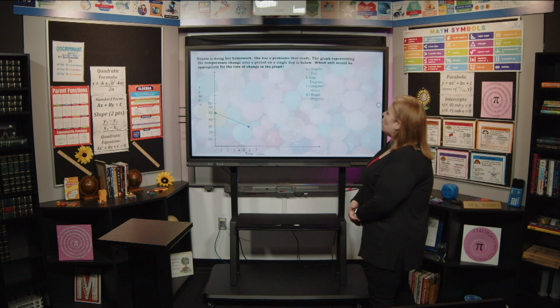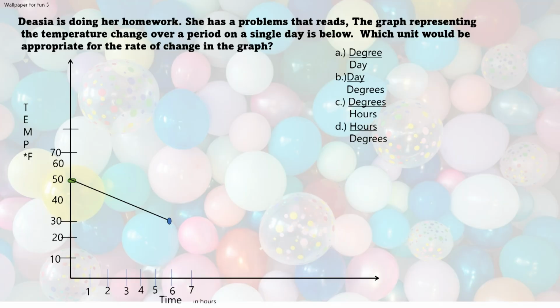Deasia is doing her homework. She has a problem that reads, the graph represents the temperature change over a period of time on a single day below. Which unit would be appropriate for the rate of change in the graph? So let's read the graph and see what information we get first.